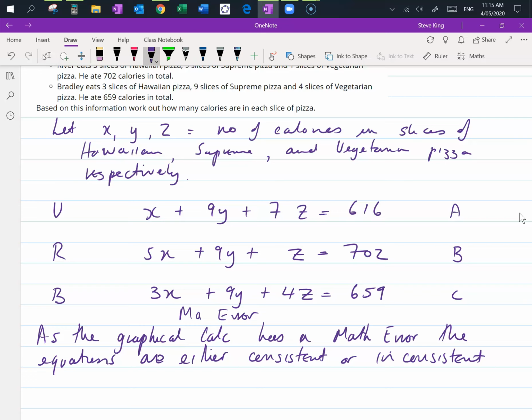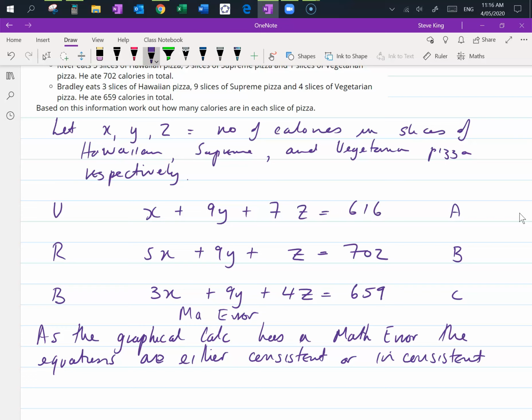Now, if I look at A and B, if I join those 2 together, that's going to give me 6, that's going to give me 18, and that's going to give me 8. And it just catches my eye that 6 is double 3, 18 is double 9, and 8 is double 4.